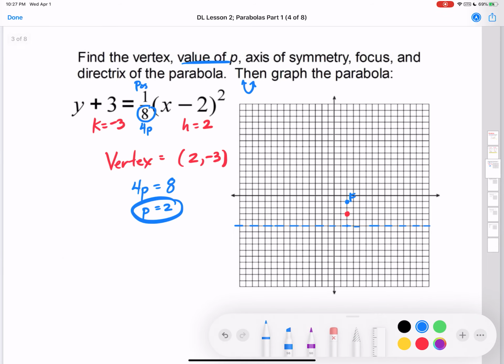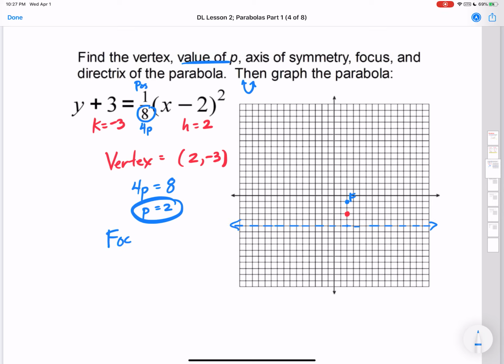If I were to write all this out, the focus is located at (2, -1), and the directrix is going to be a line, which means it's going to be an equation. That equation is y equals -5. It's passing through -5 on the y-axis.